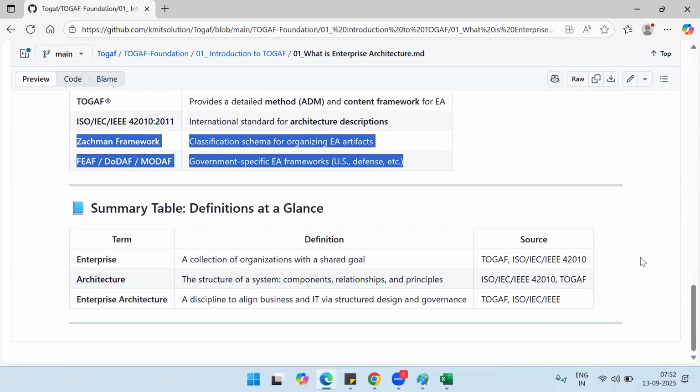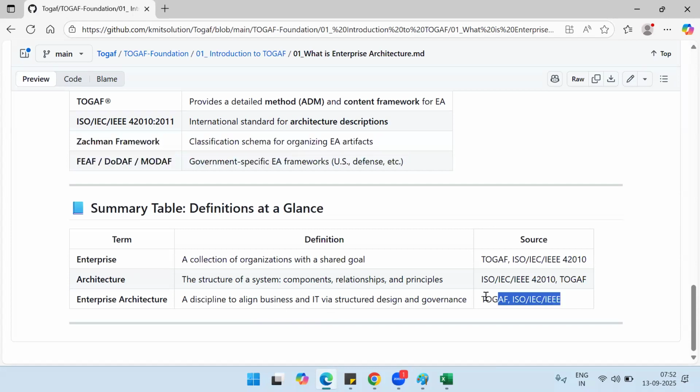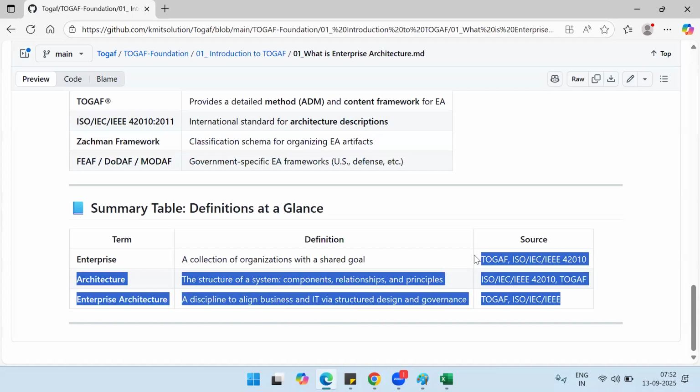So we understood that an enterprise is a collection of organizations with a shared goal. Architecture is the structure of systems, components, relationships, and principles. Architecture means how two systems can communicate to each other, whether they need to communicate or not. That is the enterprise architecture. It is a discipline to align business and IT via structure, design, and governance. These sources are basically from TOGAF.